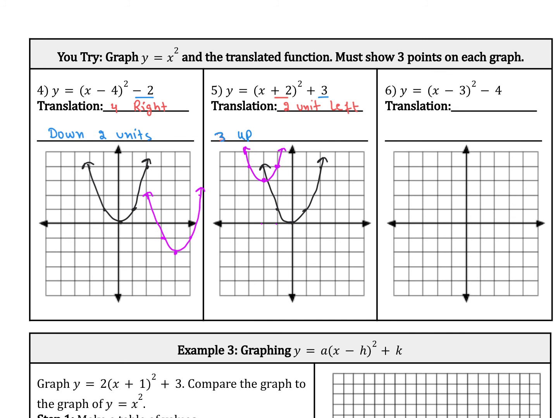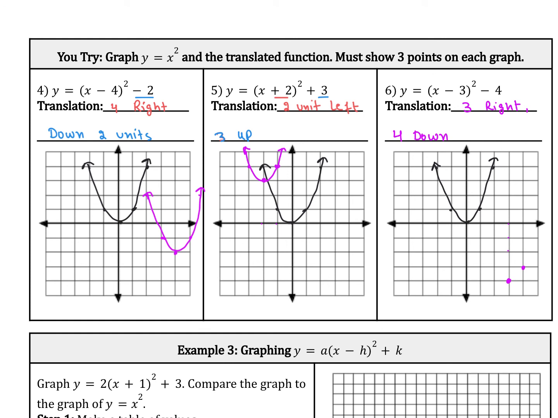Next you have number 6, where you're going to move the graph 3 right and 4 down. Originally you have this graph that is 1, 1 and 2, 4, and from here you're going to move the graph 3 units right, 1, 2, 3, 4 units down, and this is the point.